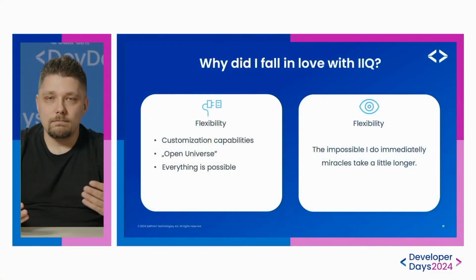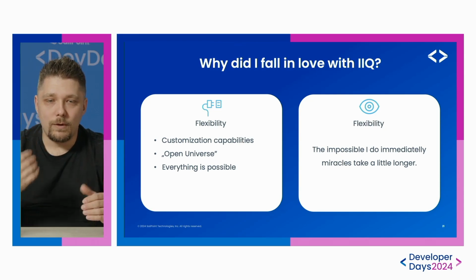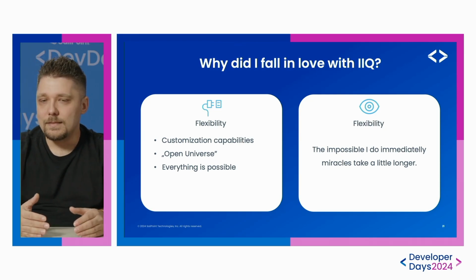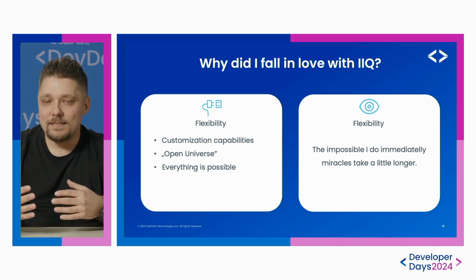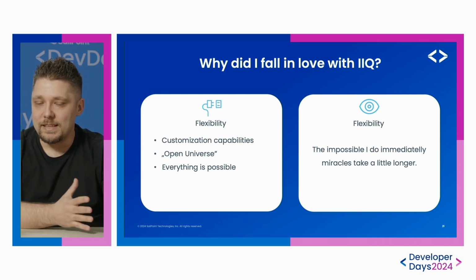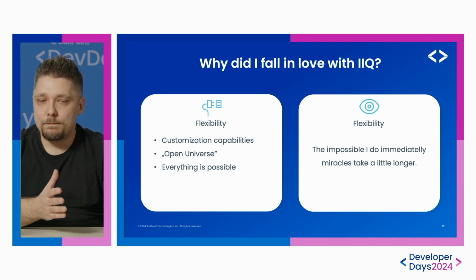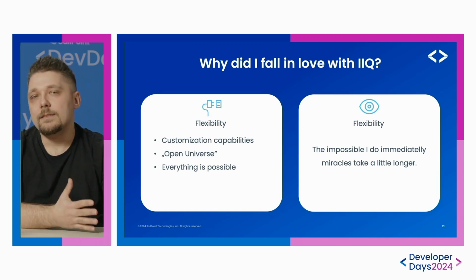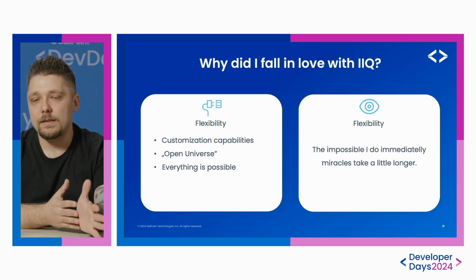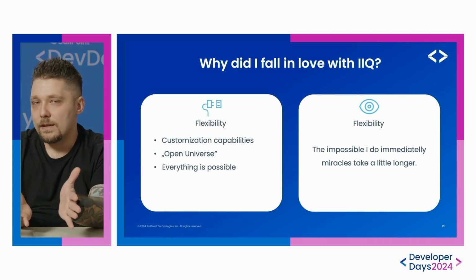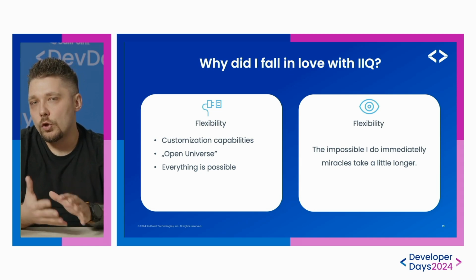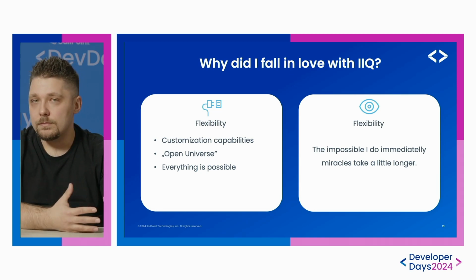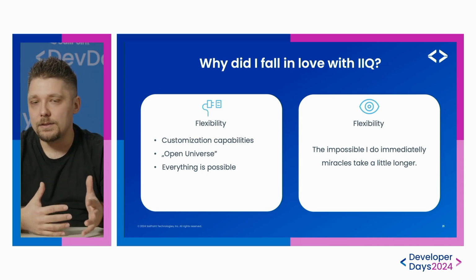A lot of people ask me why I like IdentityIQ so much. That's maybe a kind of marketing slide, but as you see from the presentation I did so far, the biggest benefit is flexibility. The second biggest benefit is also flexibility. You can see that there's nothing impossible, anything you want you can implement.